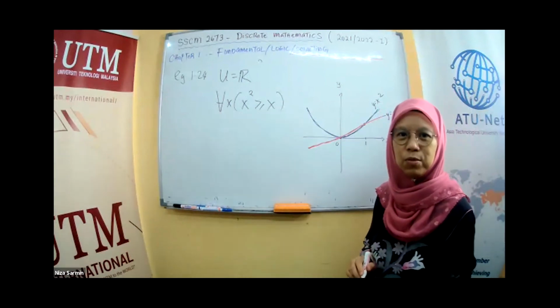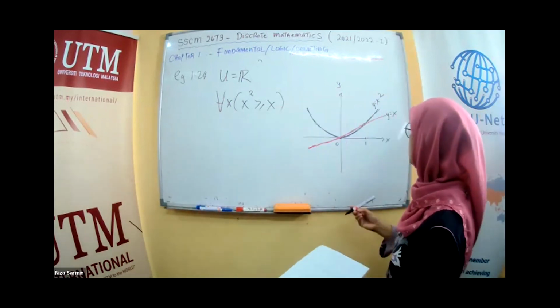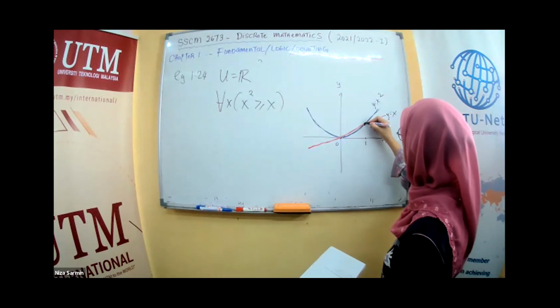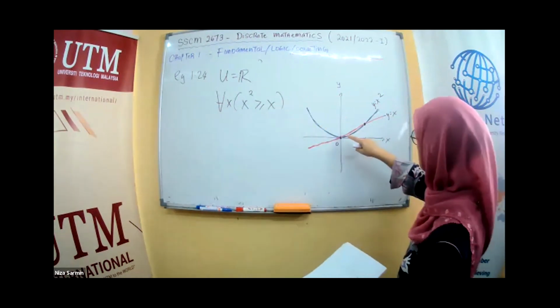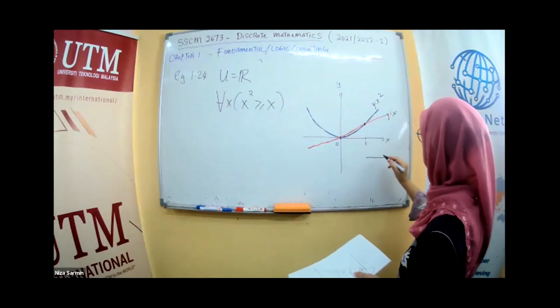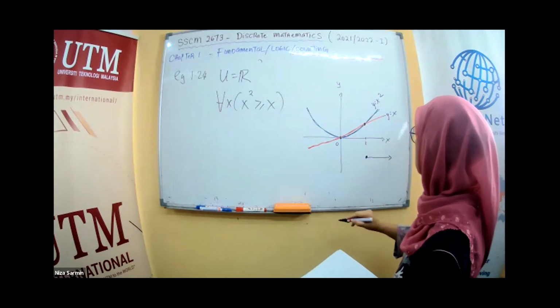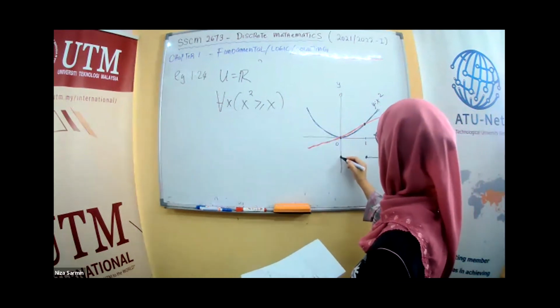Okay, all right, so you see x squared is bigger than x. So this way, so this. Okay, and x squared bigger than this here, right?